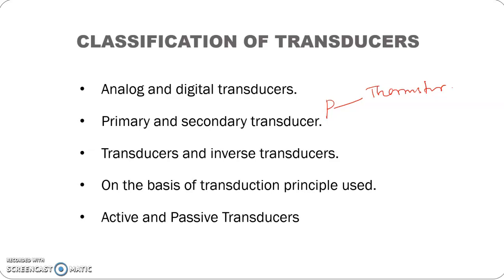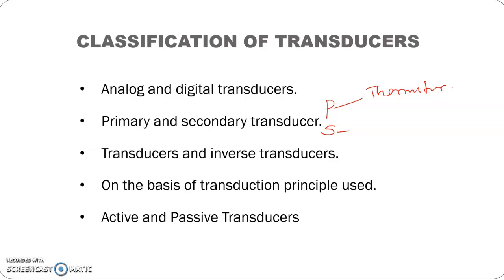steps of conversions. So in that, the input signal is first sensed by some detectors or sensors. Then the output of the sensor is converted into electrical form. For example, we can consider the pressure measurement using an LVDT.